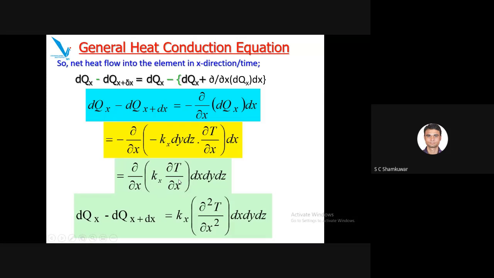So we will get the net heat transfer in x direction now. Okay, that is kx del square T by del x square into dx dy dz.